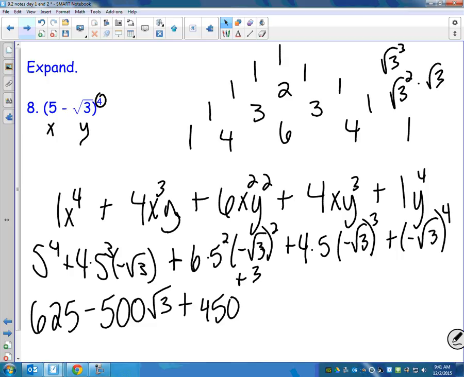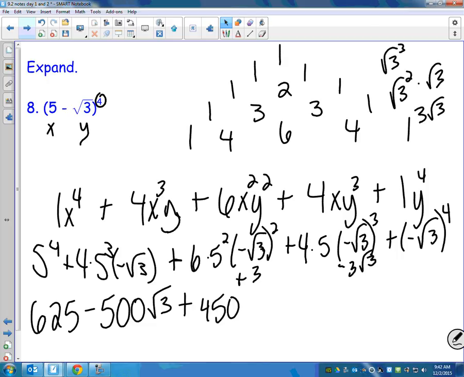Just like over here, the square root of 3 squared is just 3, but then you're going to have an extra square root of 3. So you shouldn't have anything higher than square root of 3 to the first power in your answer, because if you have it squared or any number bigger than that, you can always take that perfect square out. So this is really like negative to the third power of 3 square root of 3.